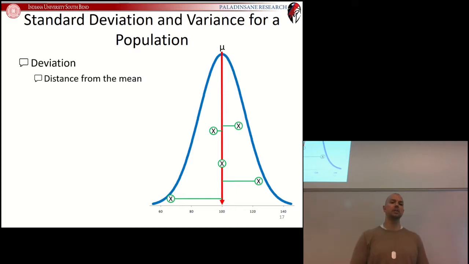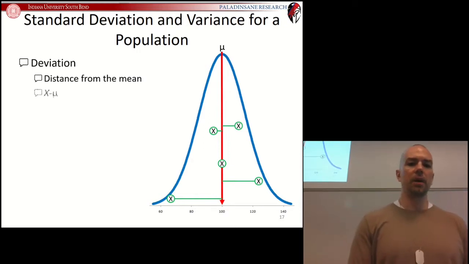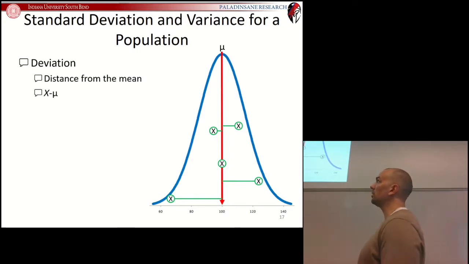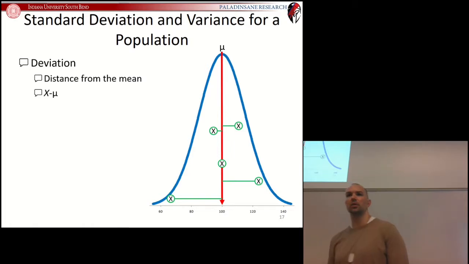So again, any single score's deviation is the distance from that score to the mean, and we represent it simply as the score minus the mean. So if you ever want to calculate the deviation of a score, find the mean for the distribution, take that score, and subtract away from it the mean. There you have its deviation.